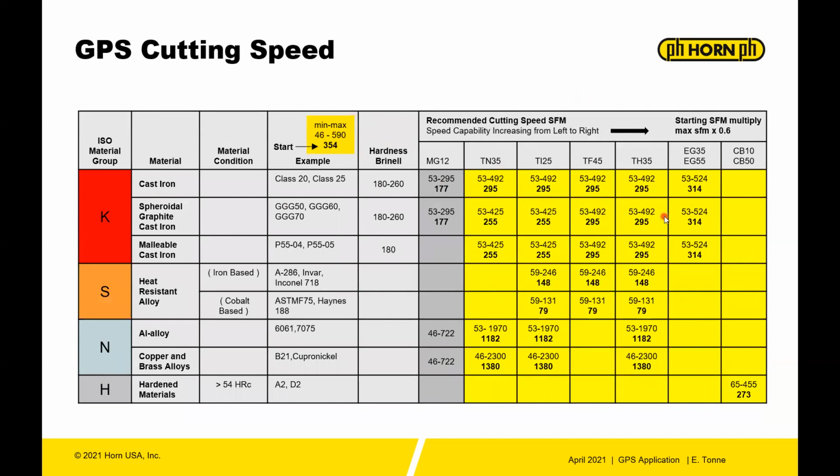Same with all the other materials. Use that number as your starting value and work your way up. Also pay attention to the minimum speed. You don't want to run too low of a speed because you can have built up edge and problems with material sticking on the cutting edge and damaging your insert.